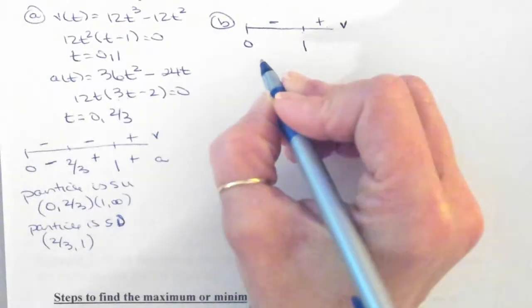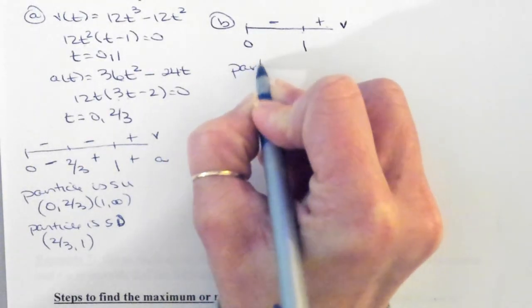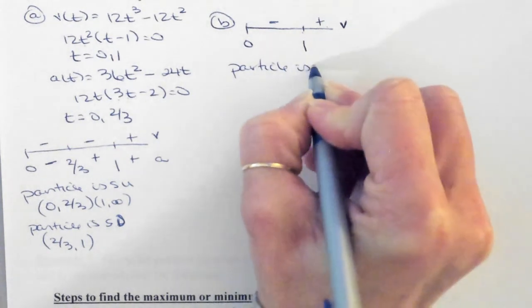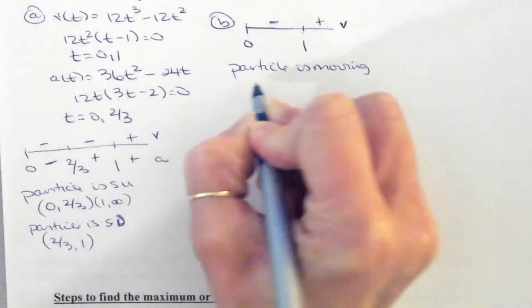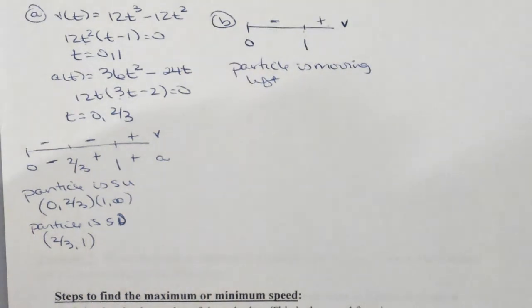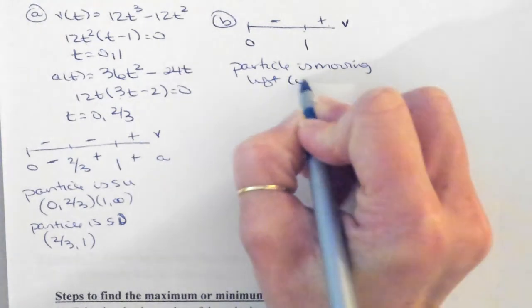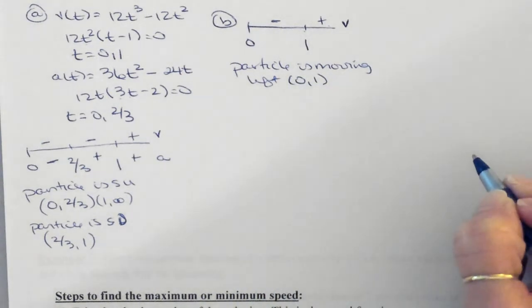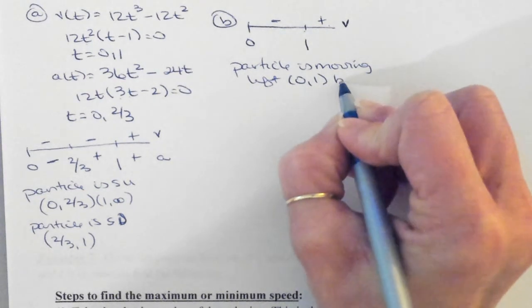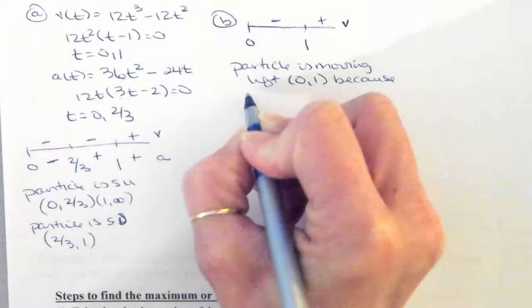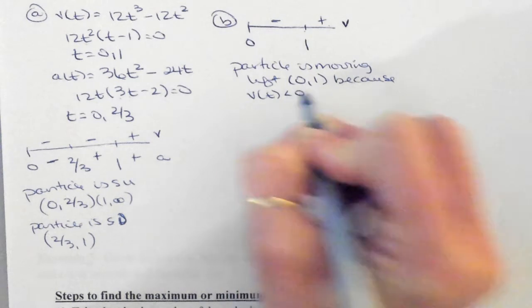Okay, so what do I have here? If I were to say the particle is moving left, from when to when? 0 to 1. Okay, why? Because velocity is negative. You could say because v of t is less than 0.